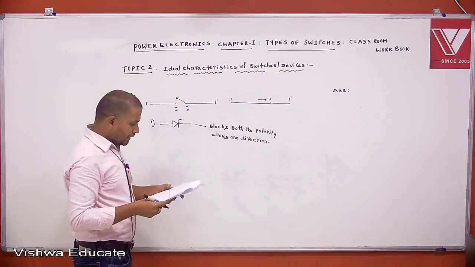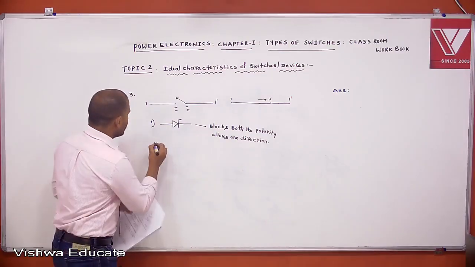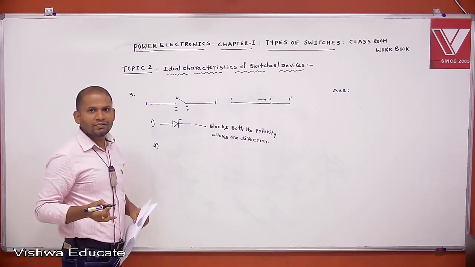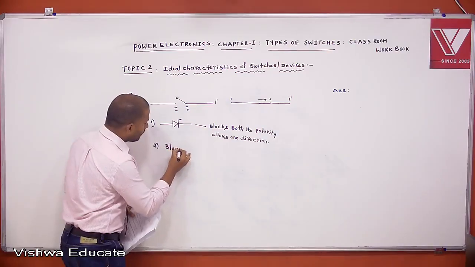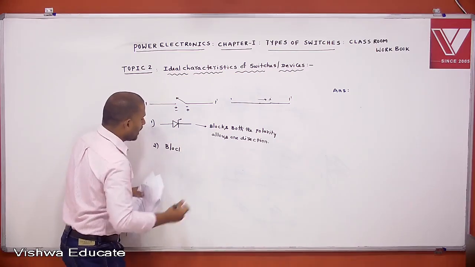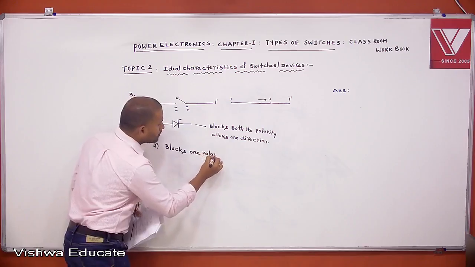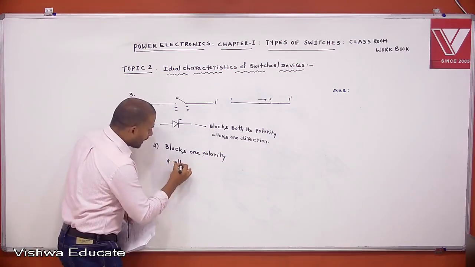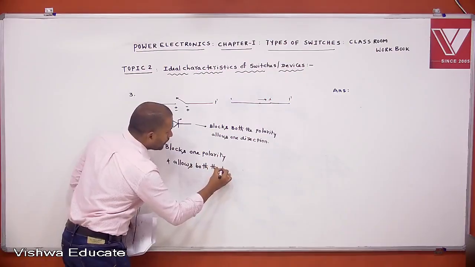Then the second one, a transistor with anti-parallel diode. A transistor with anti-parallel diode blocks one polarity and allows both directions.